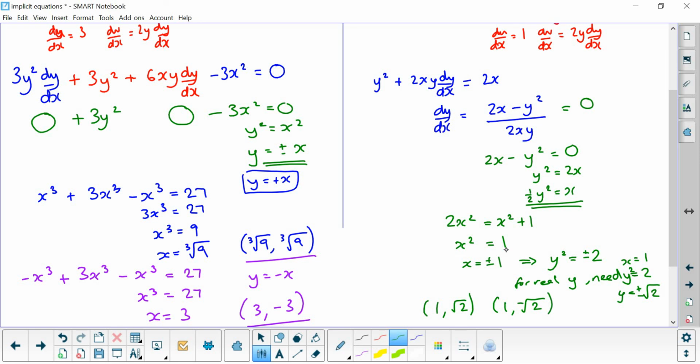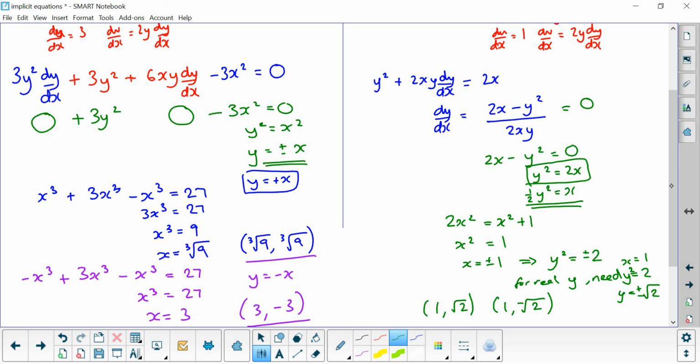So just to clarify, we've got x squared is 1, which solves to give x plus or minus 1. But if you substitute that in to our y squared is 2x, we get plus or minus 2. So we only want to keep the positive one there, so that means we only keep the positive 1 for the x. Okay, and that's the other method.